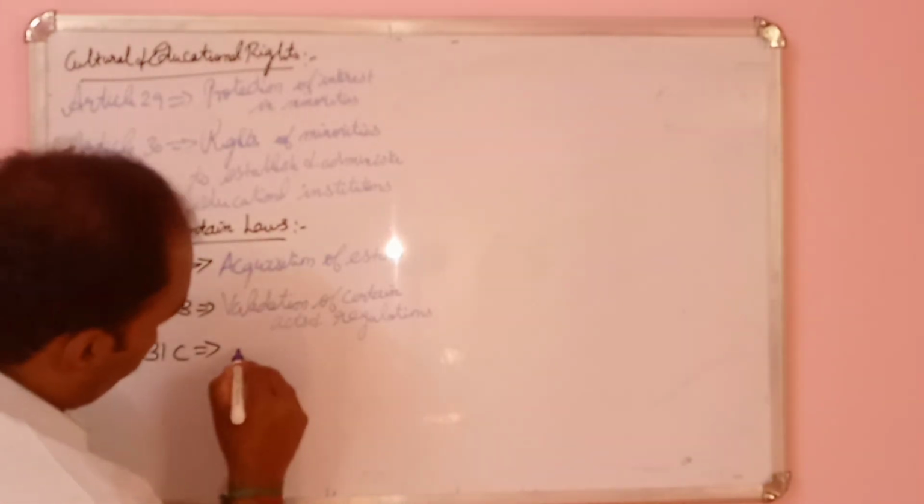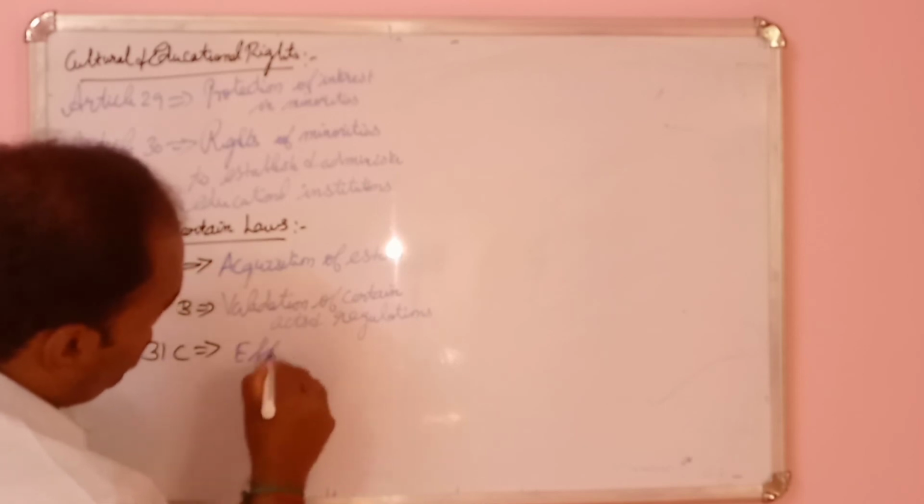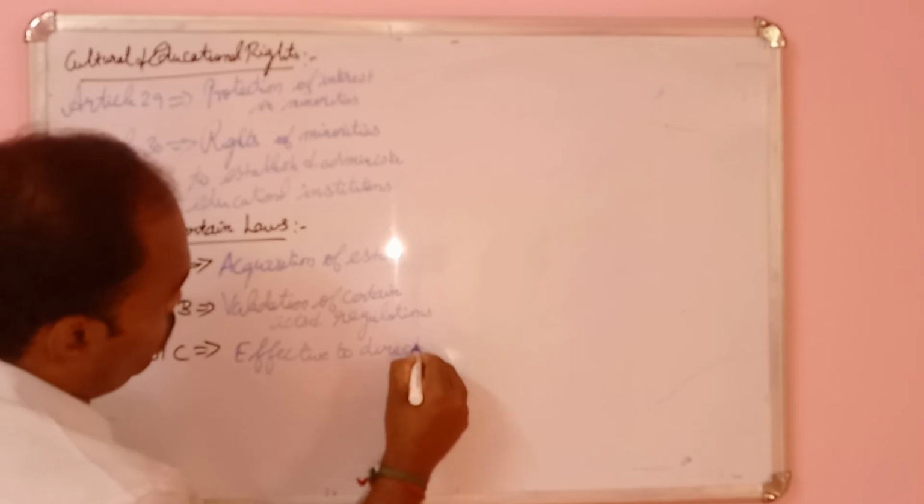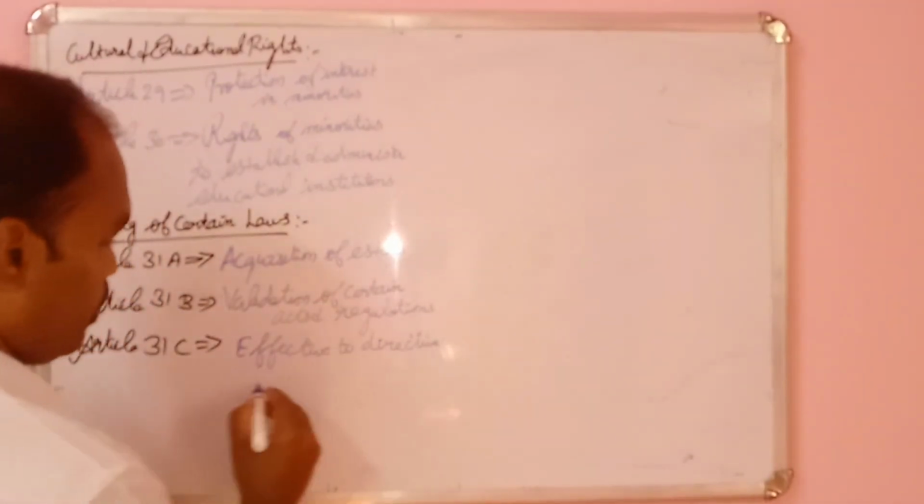Article 31C is saving of laws giving effect to directive principles.